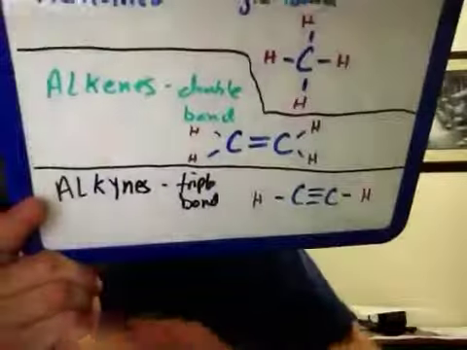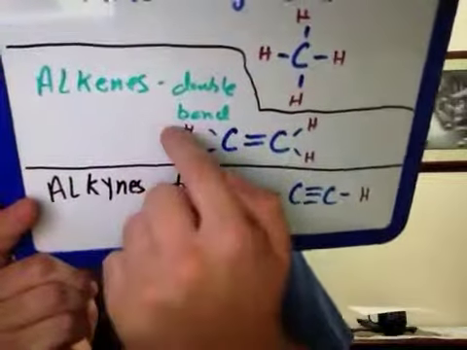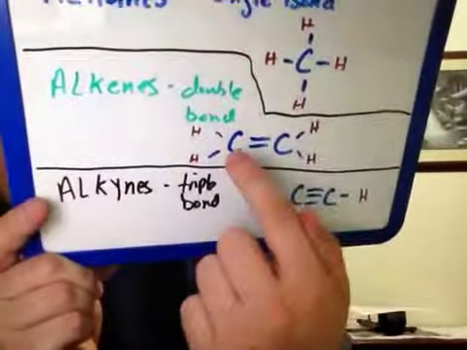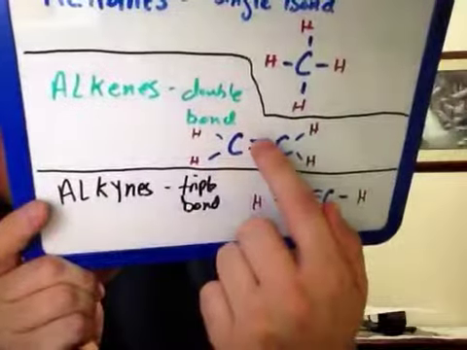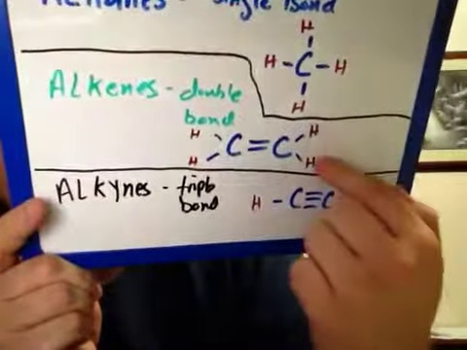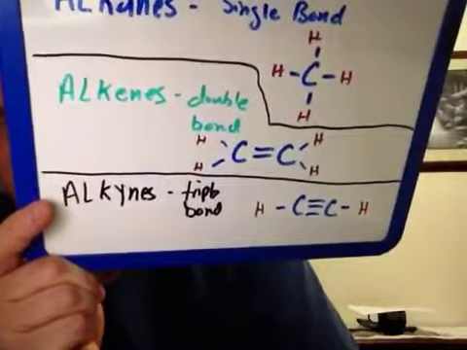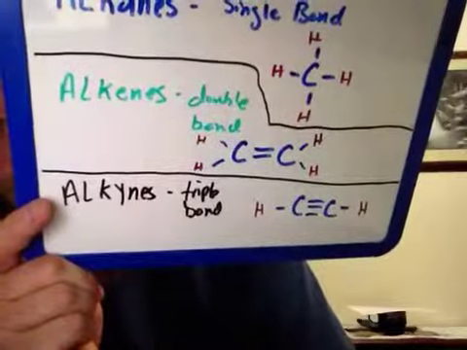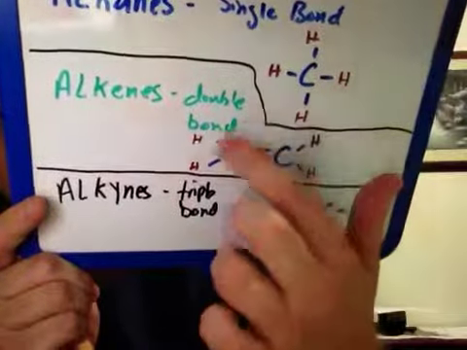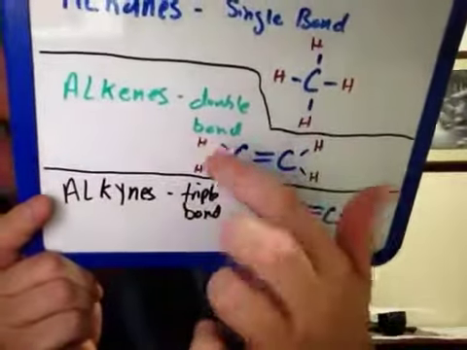If you look at the green here, this is the alkenes, double bonds. I have a carbon-carbon double bond here, 2 covalent bonds, and then I have 2 hydrogens that come off of this carbon, 2 hydrogens that come off of that carbon there. Those are single bonds, and this is an ethylene molecule, C2H4.